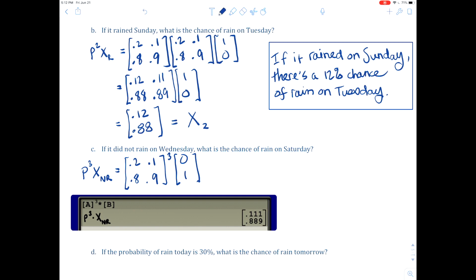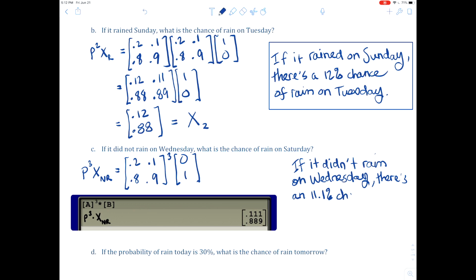Okay, so if it did not rain on Wednesday, there's an 11.1% chance of rain on Saturday. Cool, cool?